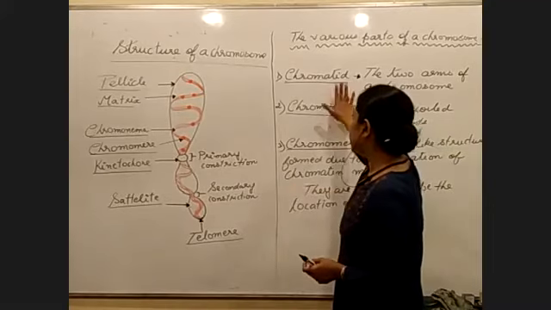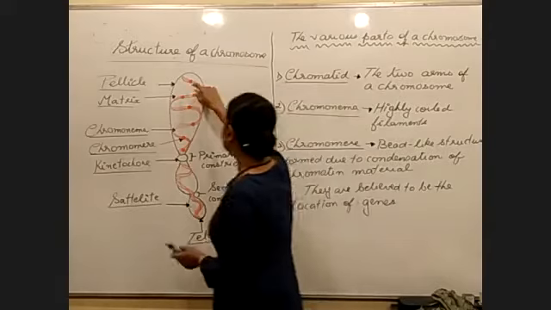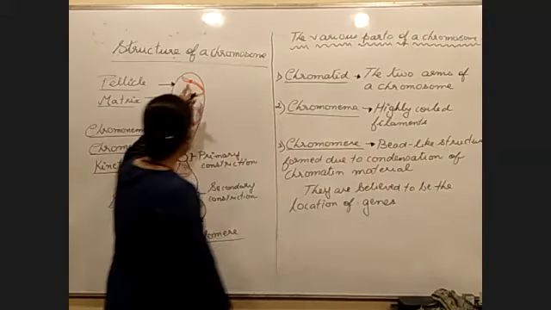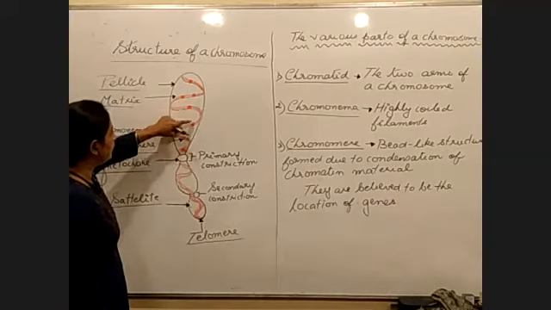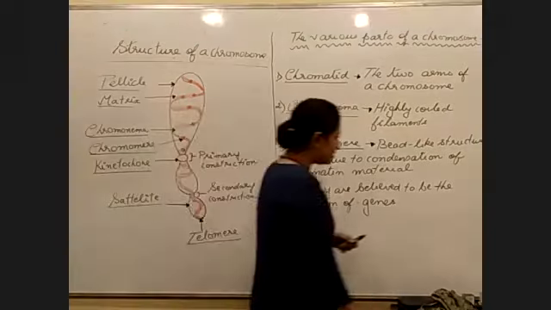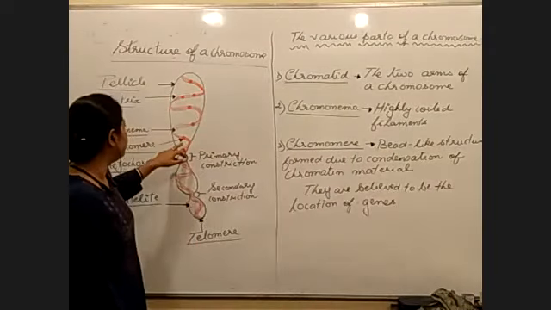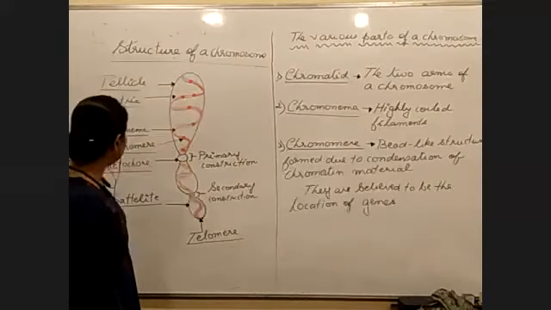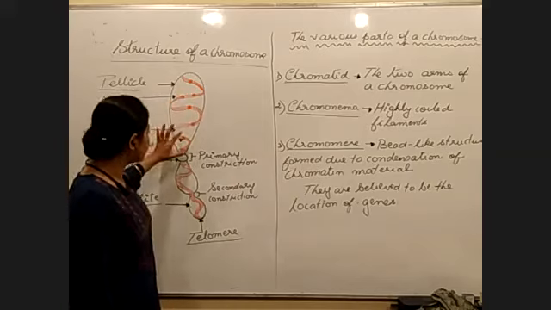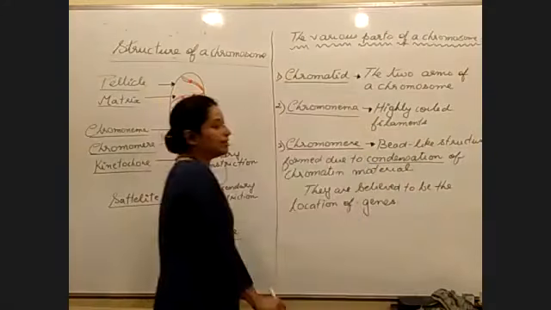Talking about chromatid, we did that last class. Now we come to chromonema. What is chromonema? These highly coiled filaments are called chromonema. The filaments have certain bead-like structures, these dots you can see, and these bead-like structures are called chromomeres. Such bead-like structures form due to condensation of the chromatin material.